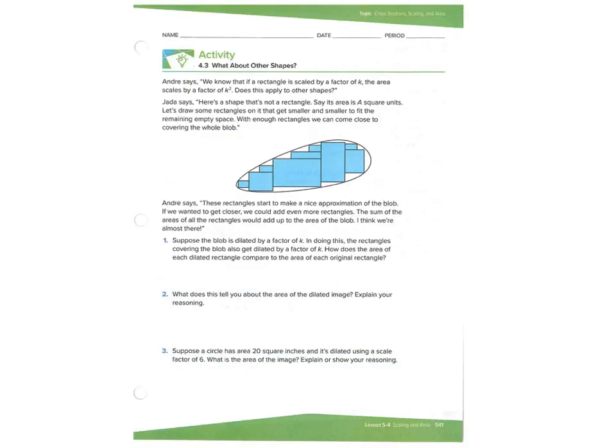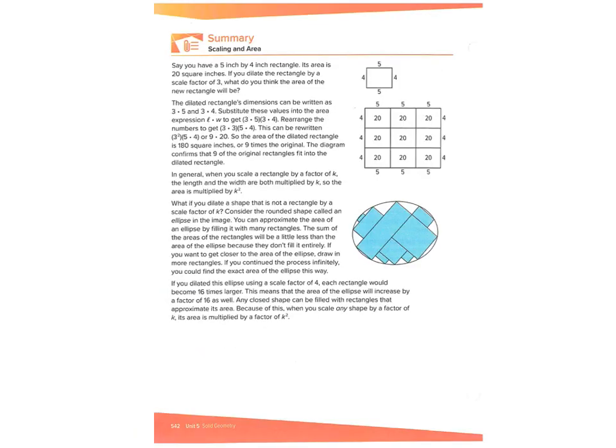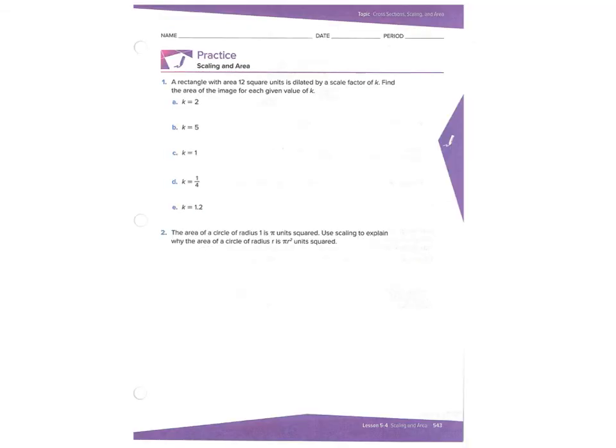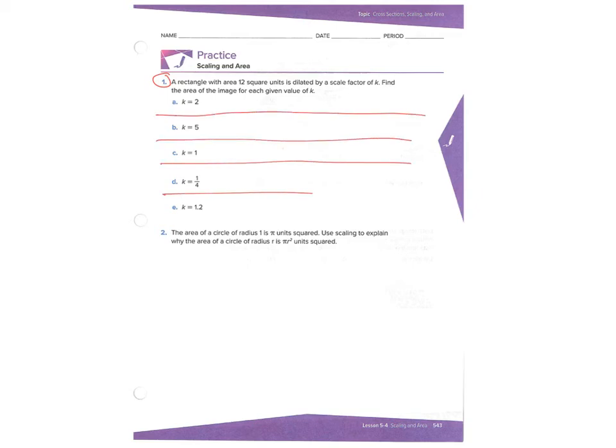So let's take a look at other practice problems. I want to look at number 1. Here, it's really 5 problems. It says a rectangle with area 12 units. So this is my original area. It is dilated by scale factor K. Find the area of the image.